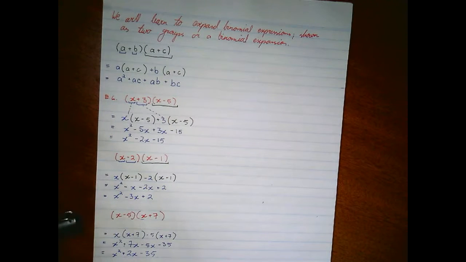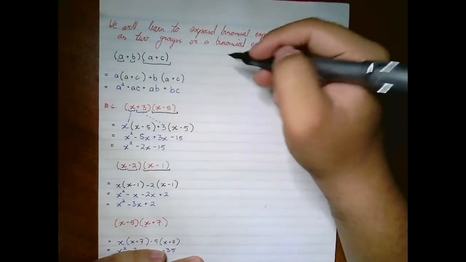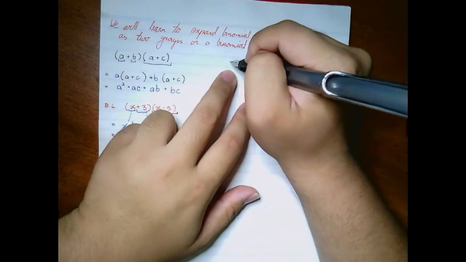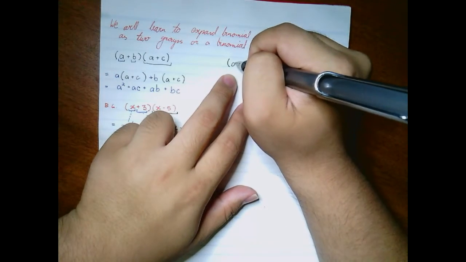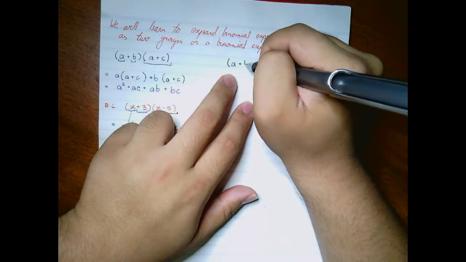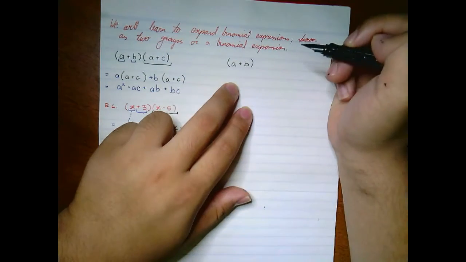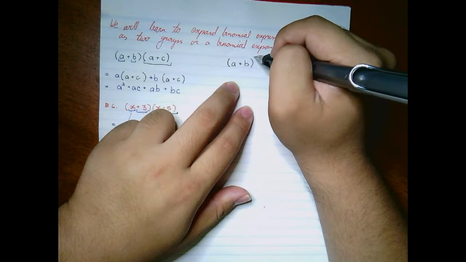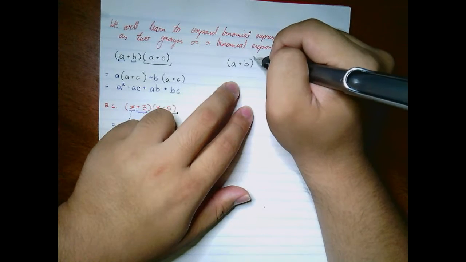Okay, here's where it gets slightly trickier. A binomial expansion is if we have some group A plus B, and it's to the power of, so we're going to start with just the power of 2.